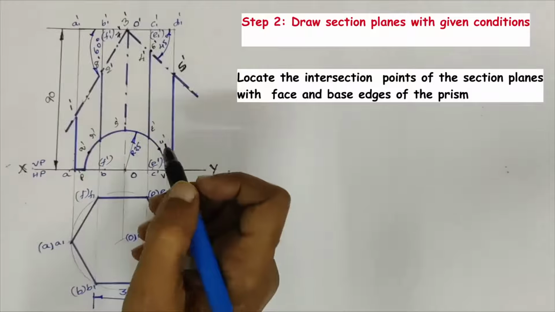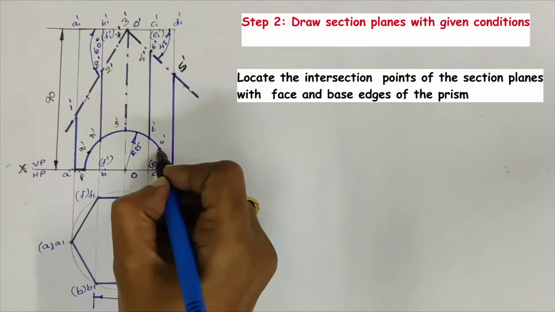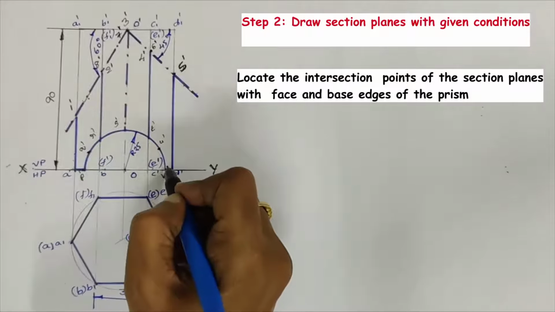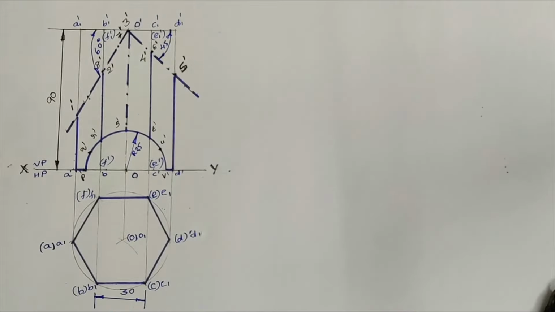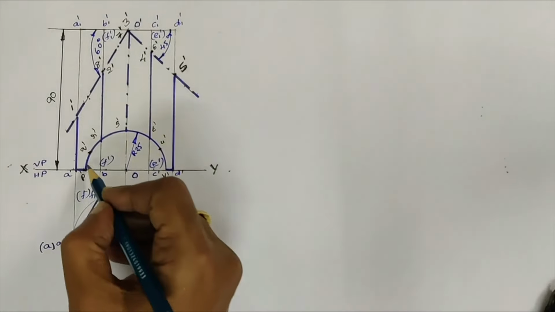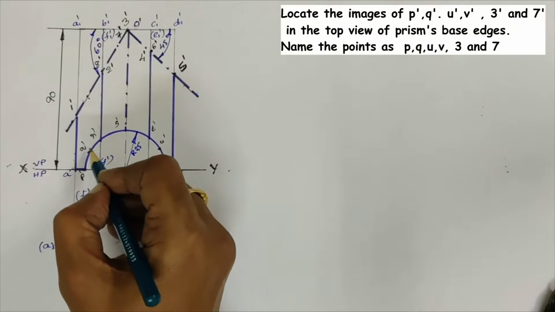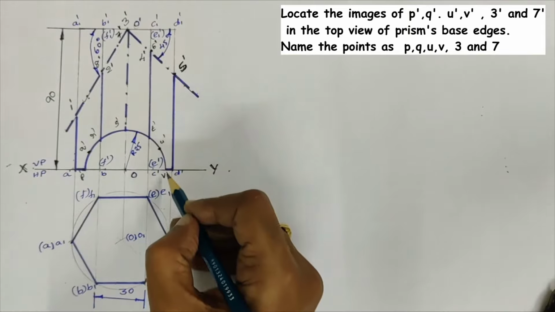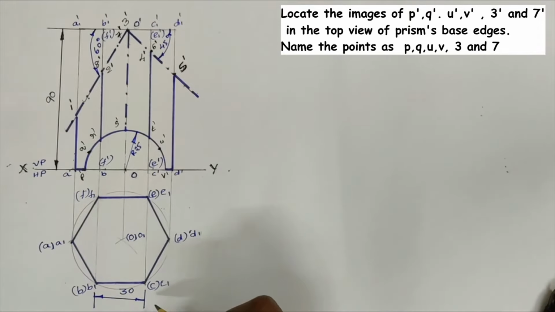That is, for our convenience, we have taken extra 2 points on the semicircle in the front view. Then draw projectors through P dash, Q dash, U dash, V dash towards the top view base edges of a hexagonal prism.